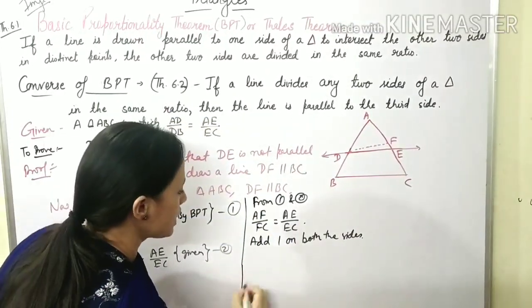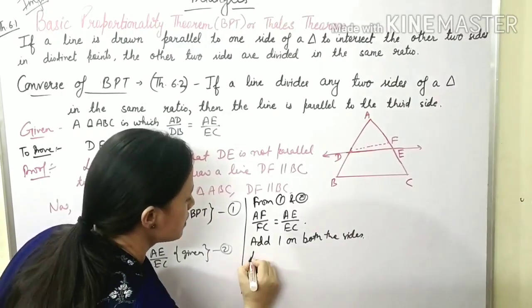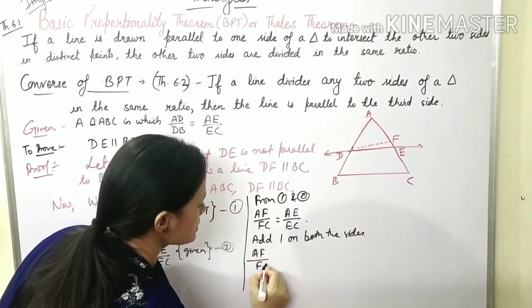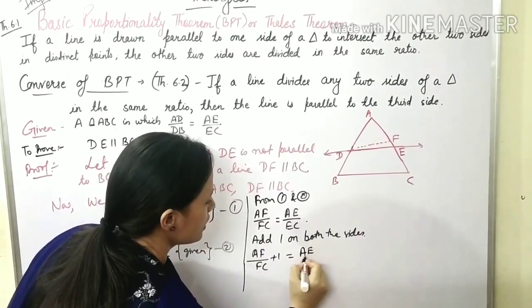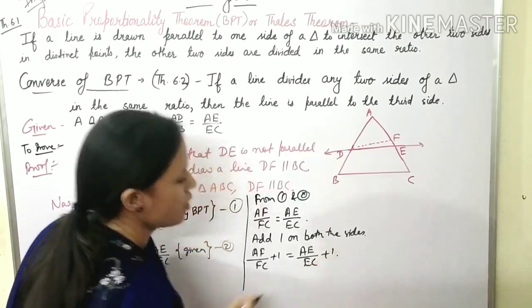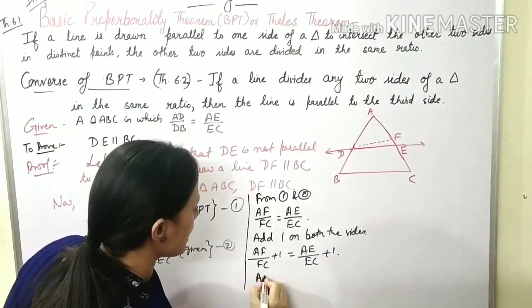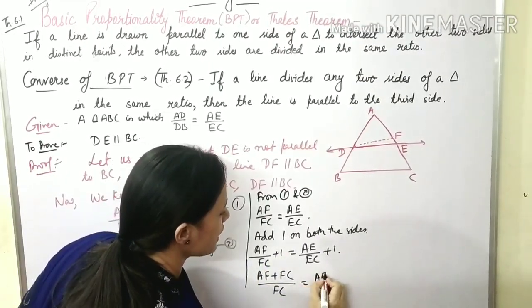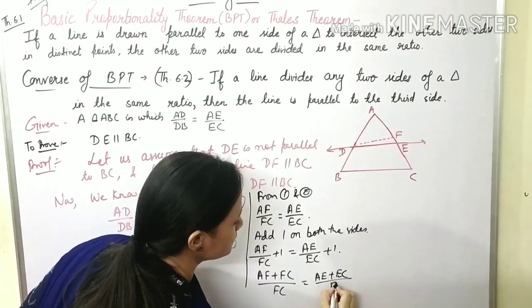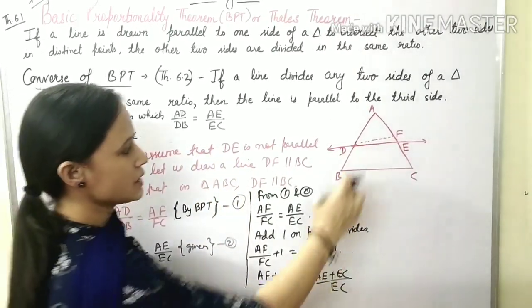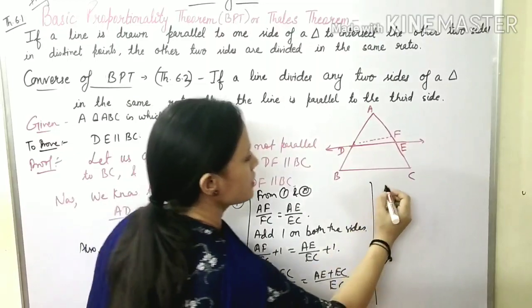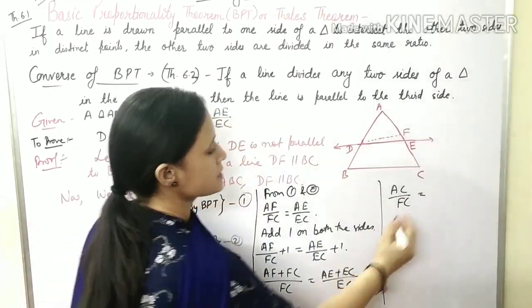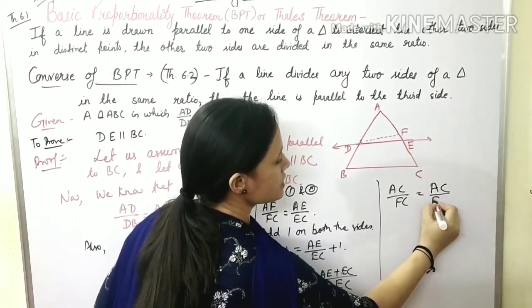So please understand why we are adding 1 on both the sides: when we take the LCM, we get the full side. So AF plus FC will give us AC over FC, and again AE plus EC will also give us AC over EC.